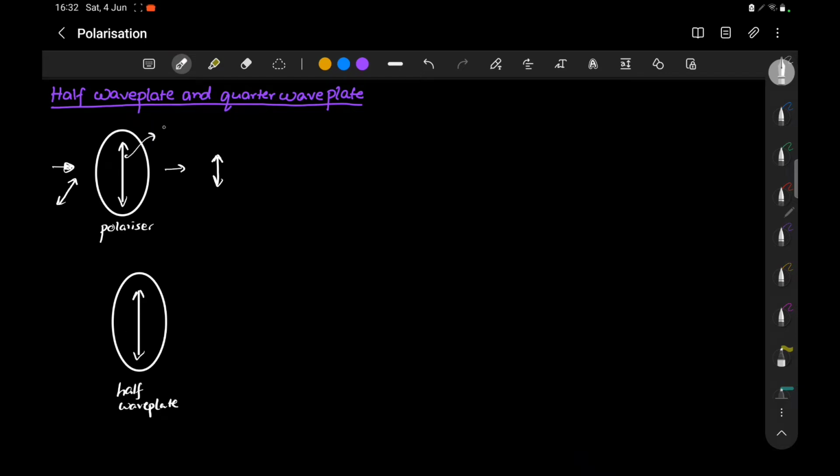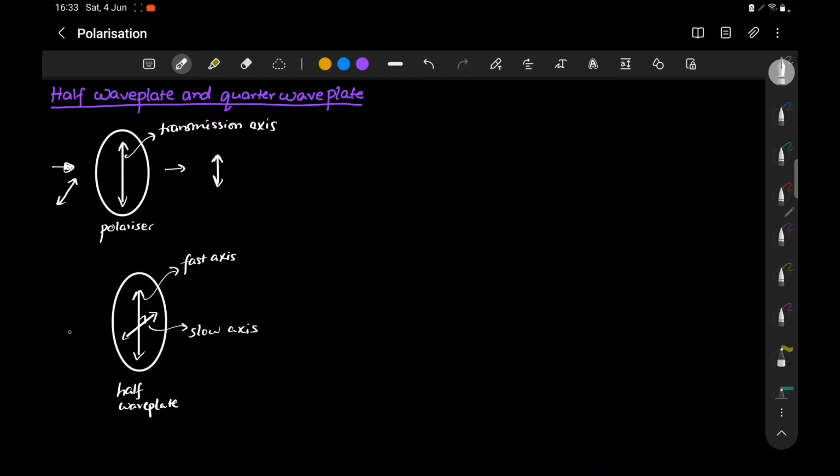In polarizer this was called transmission axis. In half wave plate it is called fast axis. And perpendicular to the fast axis is what we know as the slow axis. So this is perpendicular, 90 degrees. This axis is slow axis.